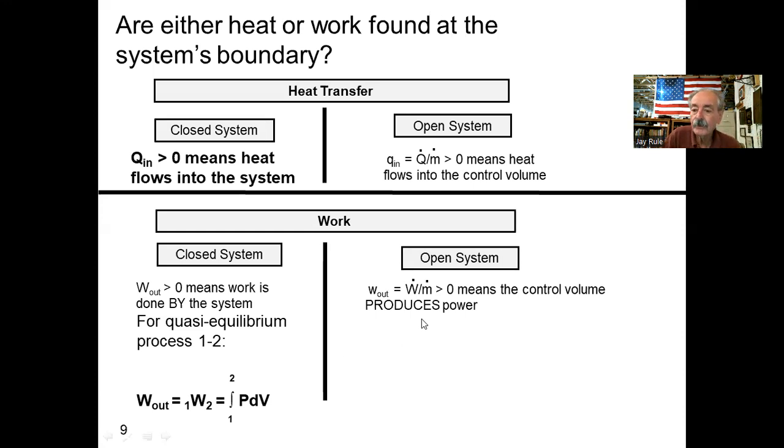On open systems where things are flowing in and out, recognize that the textbook uses little w, kilojoules per kilogram, to represent W dot, the output power, divided by m dot, the steady state mass inflow and outflow of an open system.